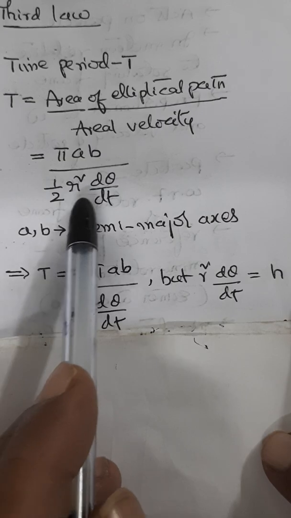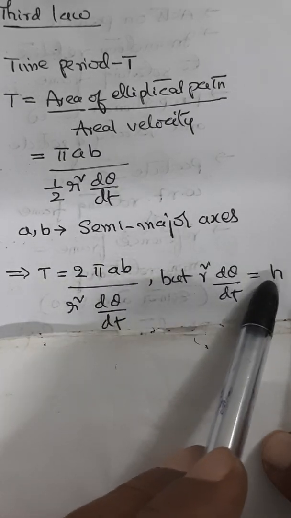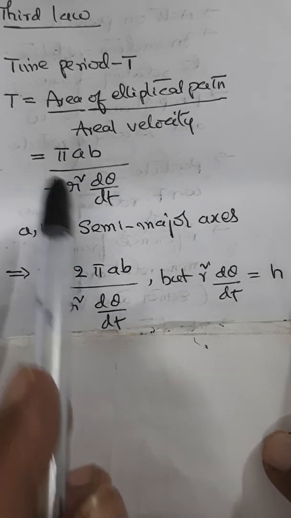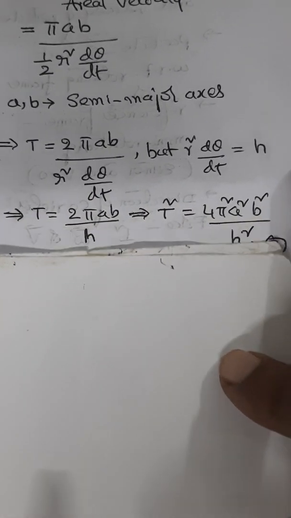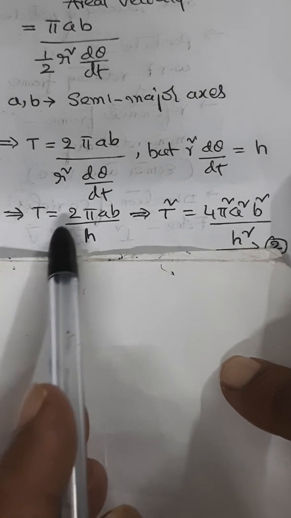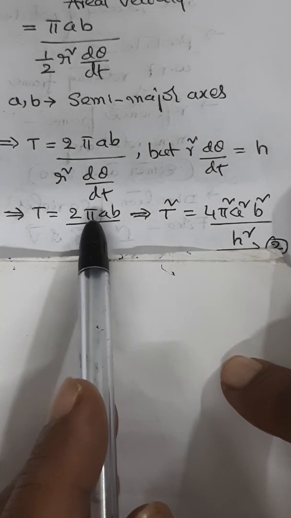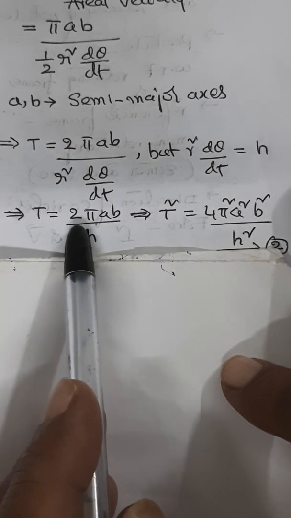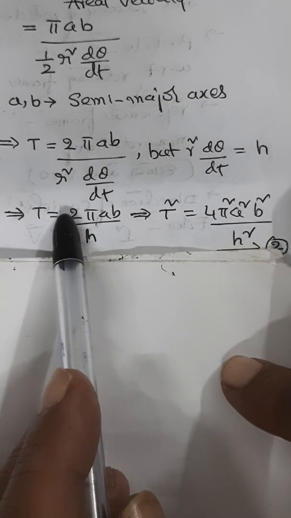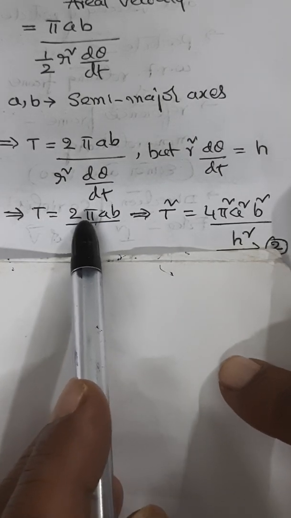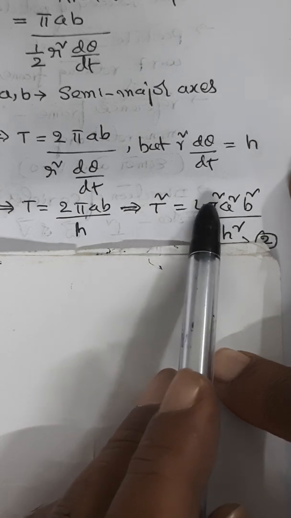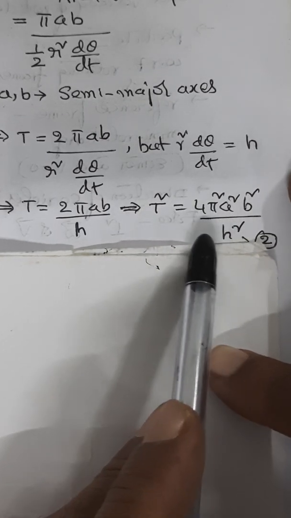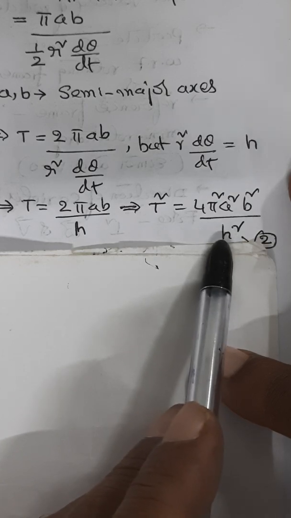So for r² dθ/dt, you can write the constant h. Therefore, the time period equation will get modified as T = 2πab/h. Understood? Now take the square of this, then T² will be (2πab/h)², that is, T² = 4π²a²b²/h². Let us call it equation 2.